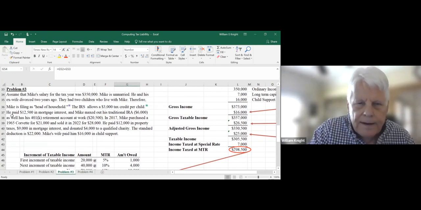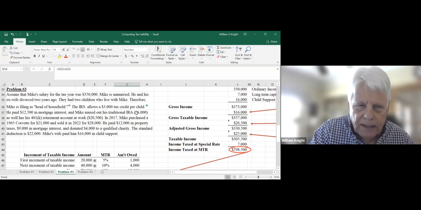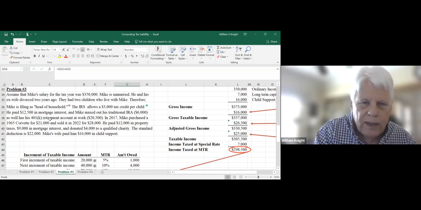Mike now paid $12,500 in mortgage interest. He maxed out his traditional IRA at $6,000, the maximum contribution you could make to the traditional IRA for 2022, as well as his traditional 401k retirement plan at work, which was $20,500.